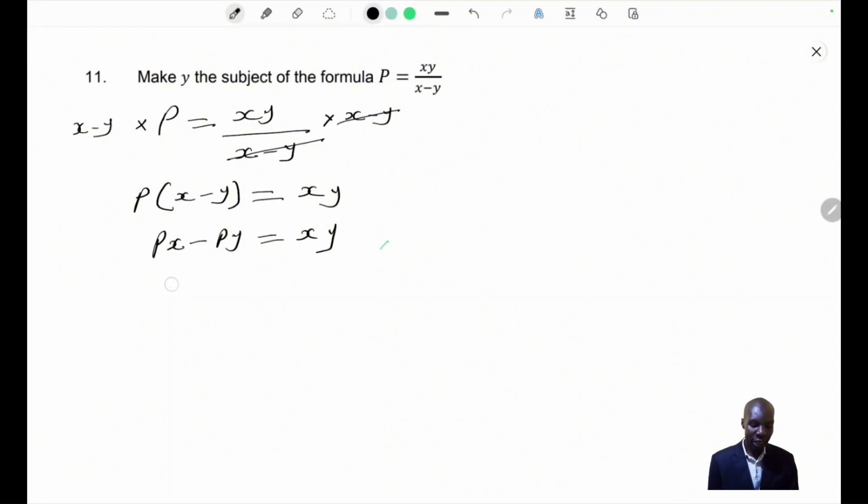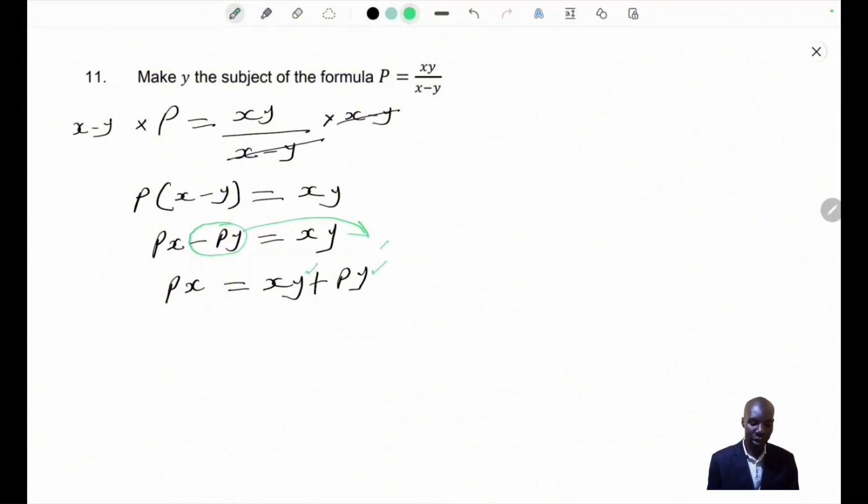So on the left-hand side, we are going to be left with px. Then on the right-hand side, we are going to have xy. And you know that when minus py comes to the right, when it crosses over, it is now plus py. From here, we can see that y is common on the right-hand side.